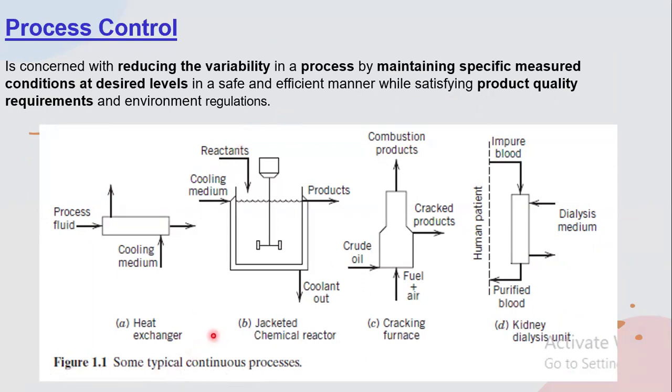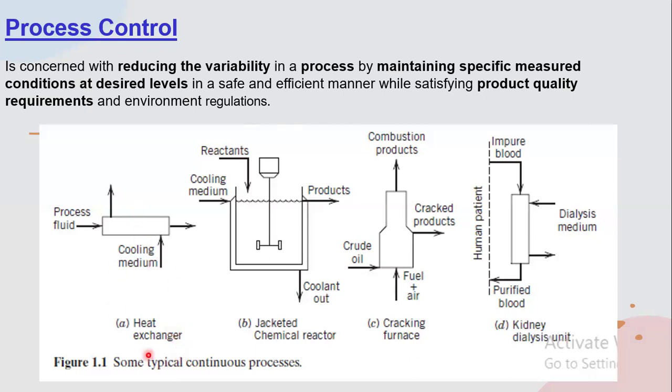The figure that we see over here has four different diagrams, and you can find them at different industries or companies. Diagram A is the heat exchanger. We are already familiar with heat and mass transfer; last semester we learned about heat exchangers.